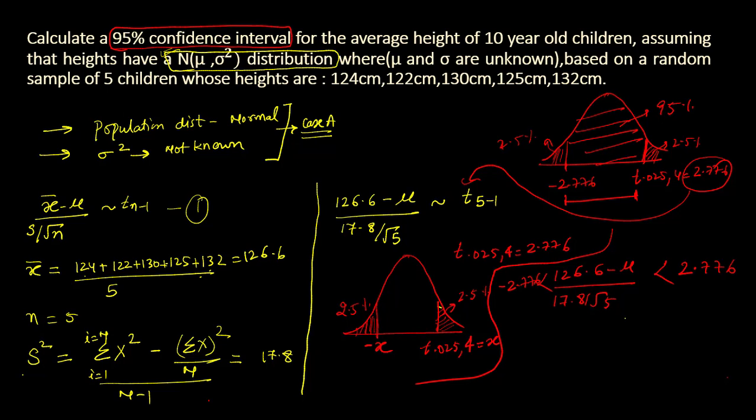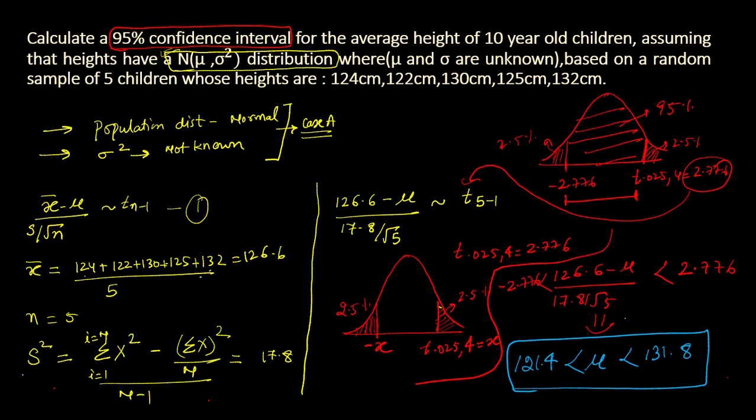So from here, mu is less than 131.8 and it is greater than 121.4. So this is the confidence interval for the average height of 10-year-old children.